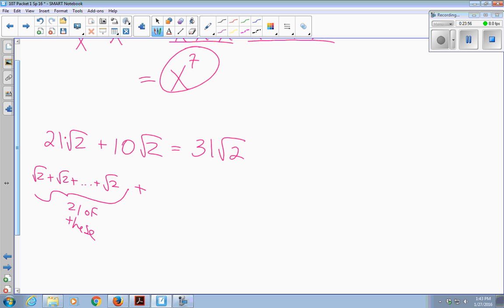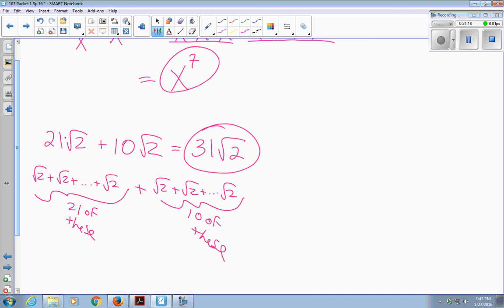Right? And then I'm going to add 10 more root 2's. So then I will have written down a total of 31 copies of root 2 and added them all together. So that means I have 31 times root 2.